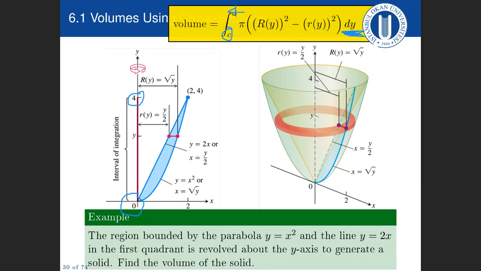Then we need to find capital R of y and small r of y. And here the question's been a little bit sneaky because it told us y as a function of x. But we don't want that. We want the other way around. We want x is square root of y, and we want x is equal to y over 2.